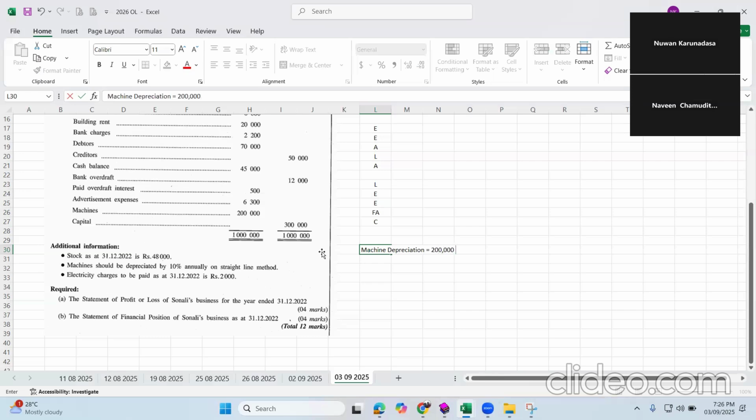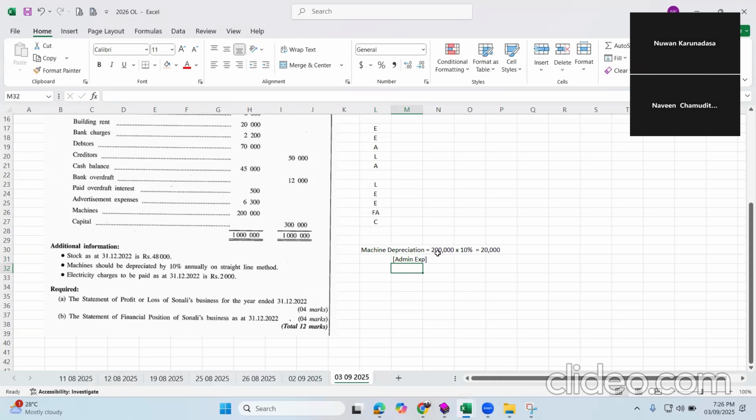You can see the machinery cost here, 200,000, times 10%, is 20,000. Machinery depreciation is 20,000, and it is an admin expense.